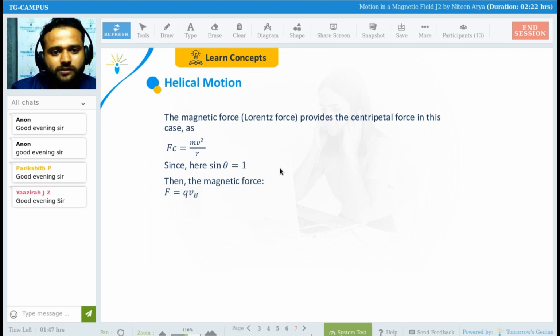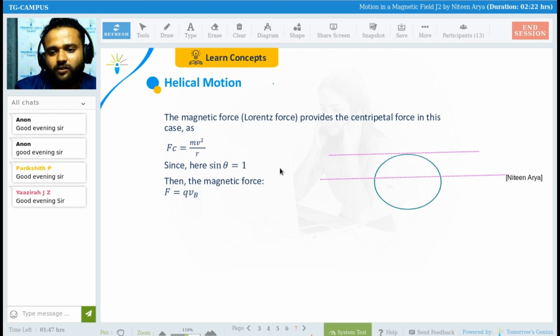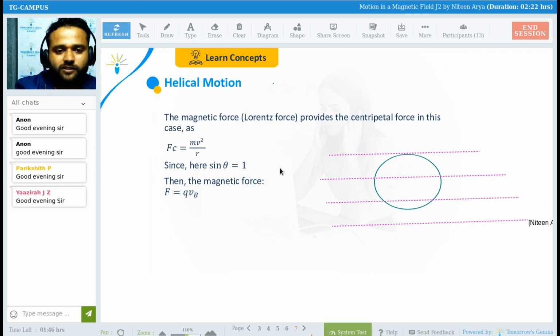Let me give you this one also. Suppose this is your magnetic field, and in this magnetic field the velocity of your charge is perpendicular, and in this way your charge starts moving.